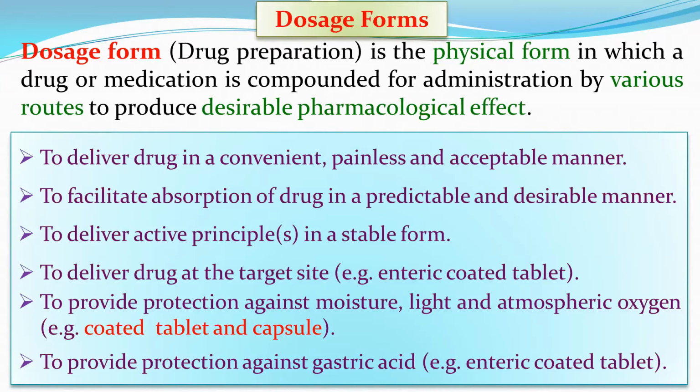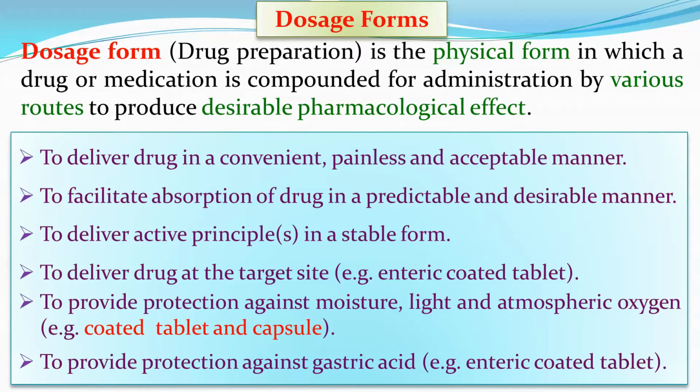Another aim is to provide protection against moisture, light and atmospheric oxygen. Whenever you expose the drug to the environmental temperature, there is a chance that the drug gets decomposed. Hence, coated tablets and capsules are sometimes prepared, and also to provide protection against gastric acid.